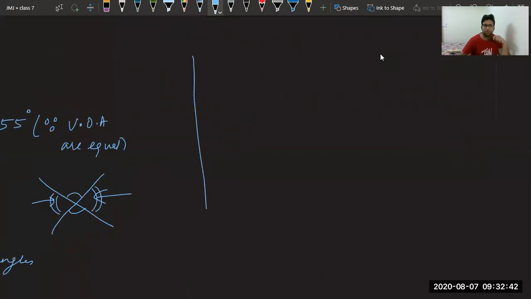Kritika, last time I'm explaining adjacent angles. If you have two angles like this, X and Y, we can call them adjacent. There are three properties that we have to check. First property is they should have a common vertex.